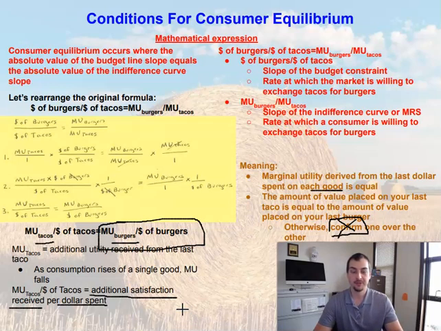And if the additional utility per dollar is higher for one good than the other, say higher for burgers than tacos, you're going to go with burgers over tacos. And that's not where consumer equilibrium is going to be. It's going to be where the marginal utility derived from the last dollar of each good is equal. That's where that mathematical condition for consumer equilibrium is going to take place.